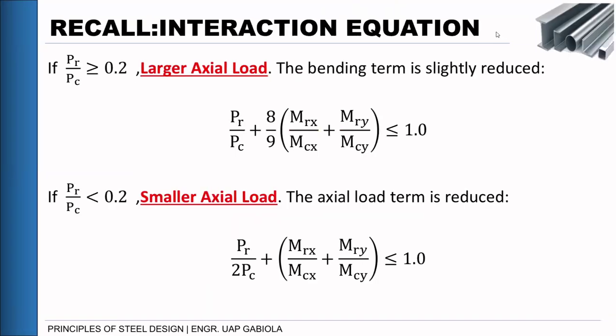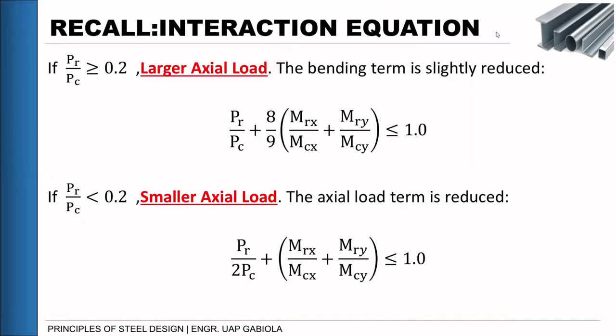And then we discussed that when beam column action arises in our member, we need to determine which interaction equation to use. That's why we are checking the ratio of the compression strength, whether it is greater than or equal to 0.2 or less than that value. If it is greater than or equal to 0.2, we say that it possesses larger axial load.